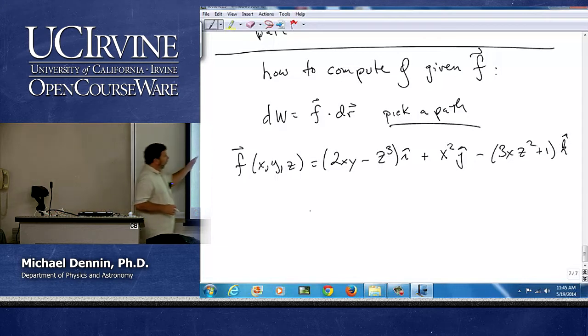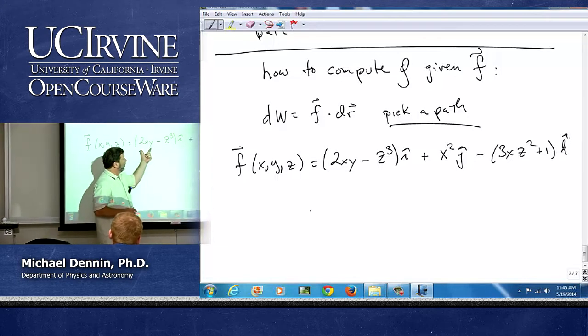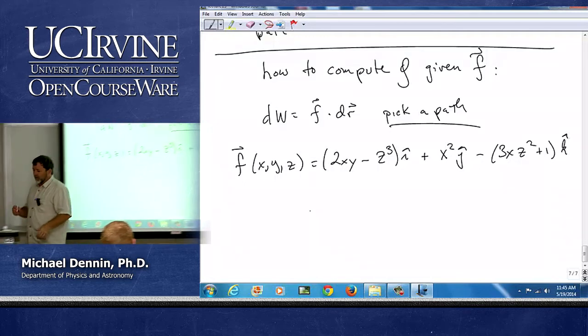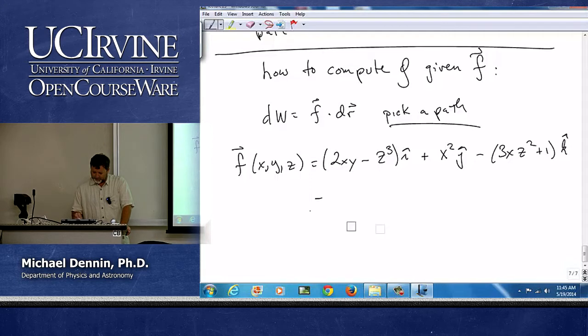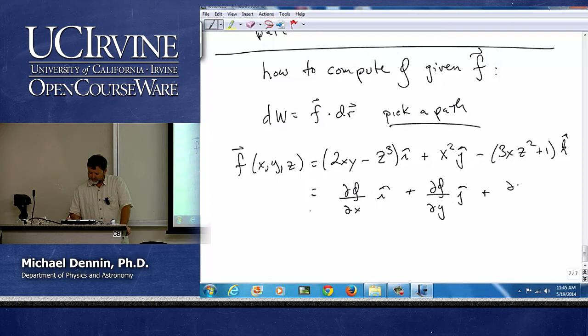And what does it mean for this function to be the gradient of phi? Well, it simply means, if you remember what the gradient is, that this is d phi dx, this is d phi dy, and this is d phi dz.